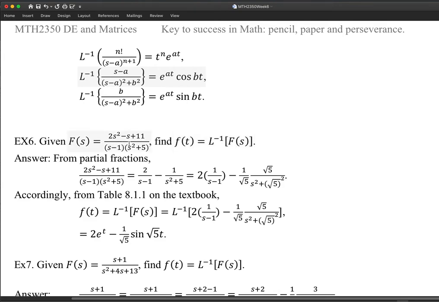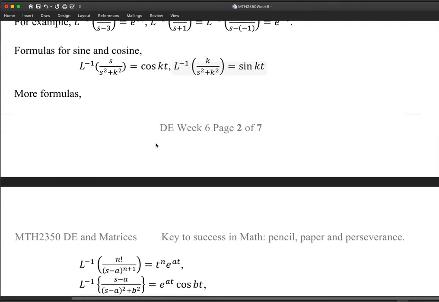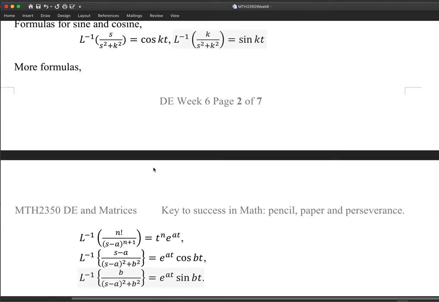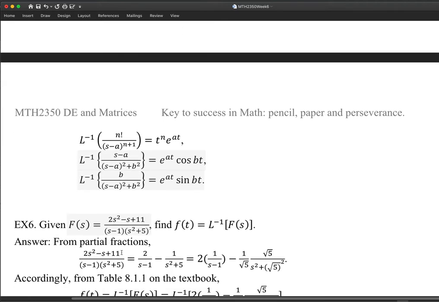And then, as I'm saying, not a single formula will match this rational expression here. What I figured out is we need to use some old knowledge, the so-called partial fractions.